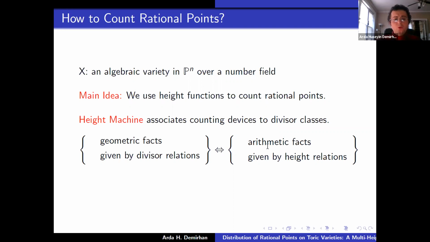So to a divisor, the height machine associates a height so that relations between the divisors are converted into relations among heights, arithmetic facts among heights. More precisely, for very ample divisors, there's an embedding from the variety to Pn.